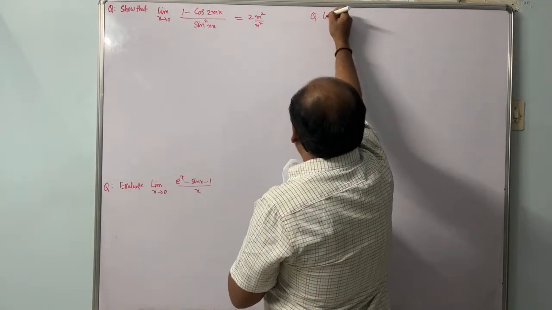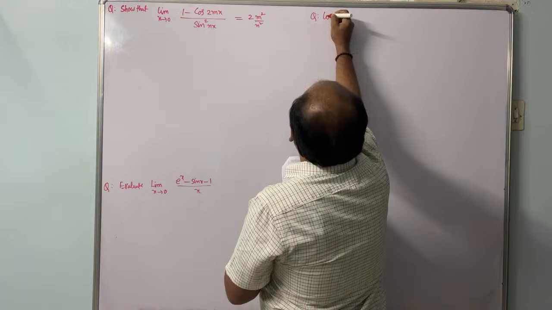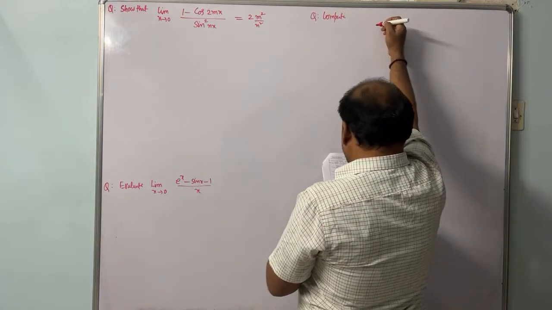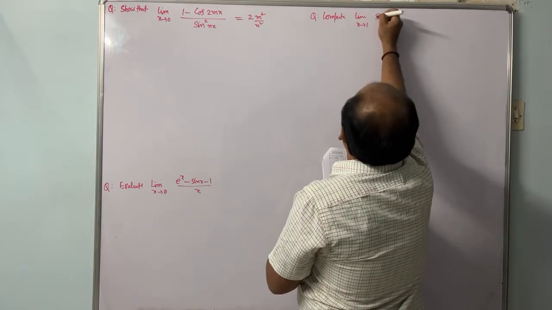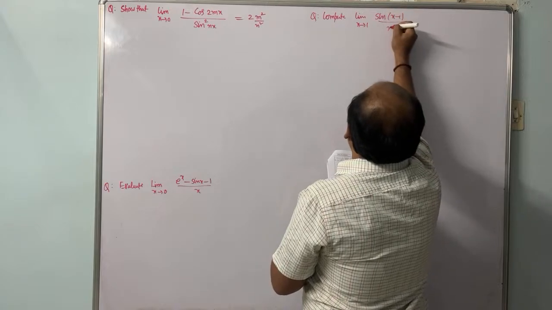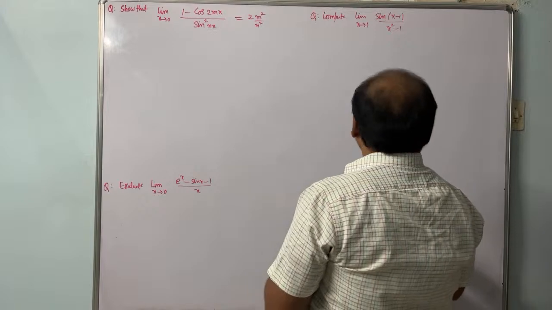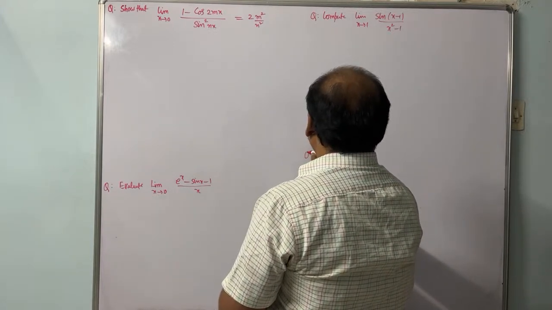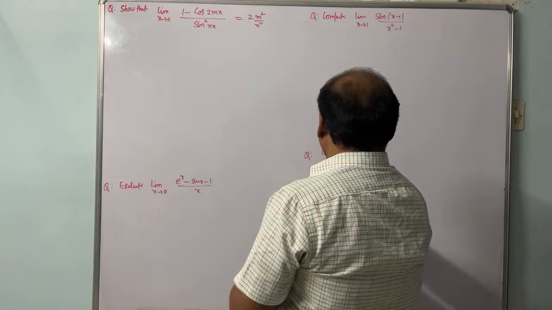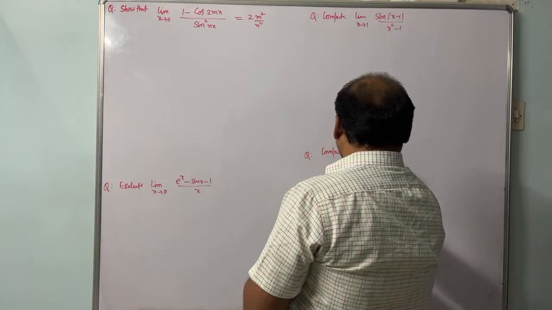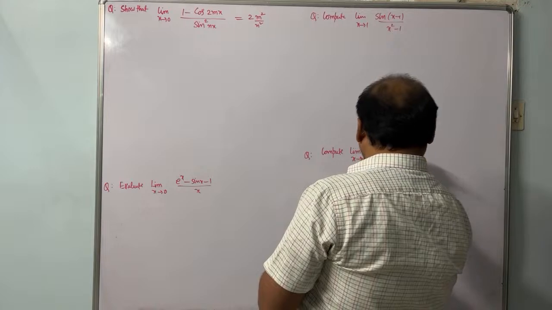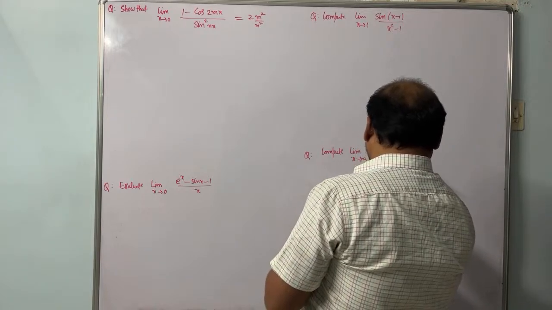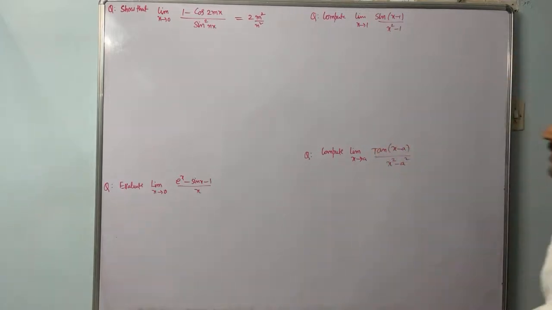The next question, compute limit x tends to 1, sin of x minus 1 divided by x square minus 1. Similarly, compute limit x tends to a tan of x minus a by x square minus a square, dear students. These are the questions we are going to do.